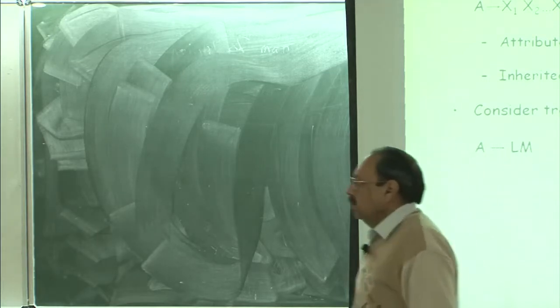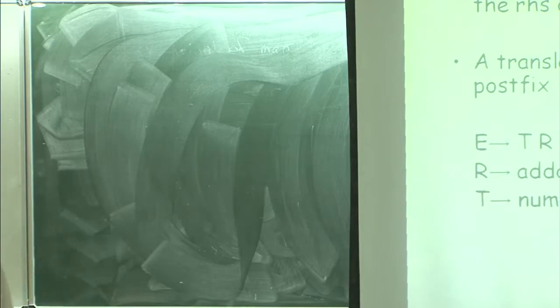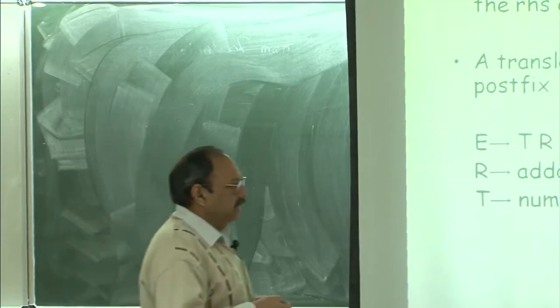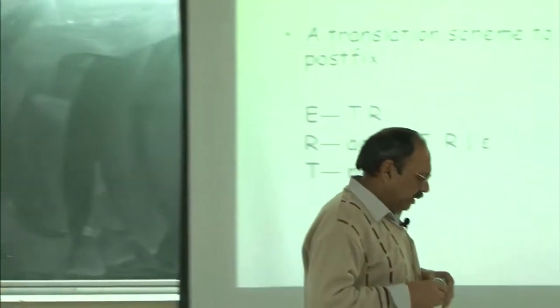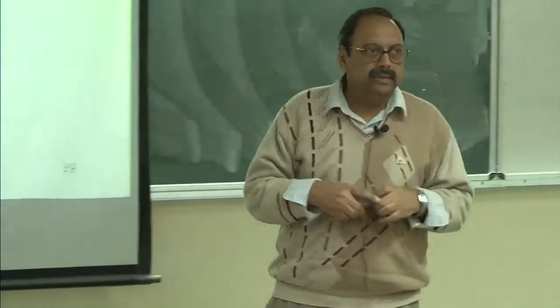So, quickly to recapture what we were discussing towards the previous class, we started looking at L attributed definitions, and once we introduced L attributed definitions, we also introduced translation schemes, where we said that the code need not be at the end of any rule, and we can embed the code anywhere in the right hand side. Okay.